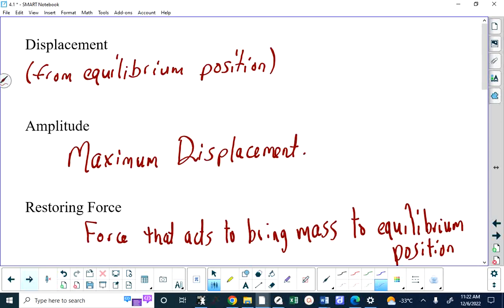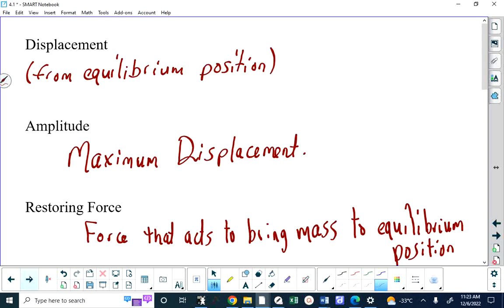Again, when you talk about a vertical spring, this is complicated to analyze in terms of forces, because at some points in time, the restoring force here is a combination of gravity and the spring force. Like at this point in time right here, remember the equilibrium position is my nose.